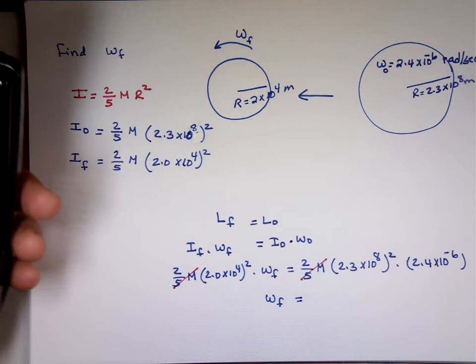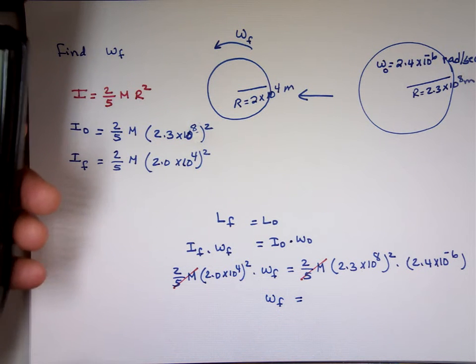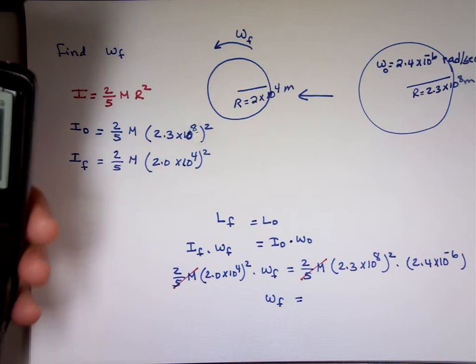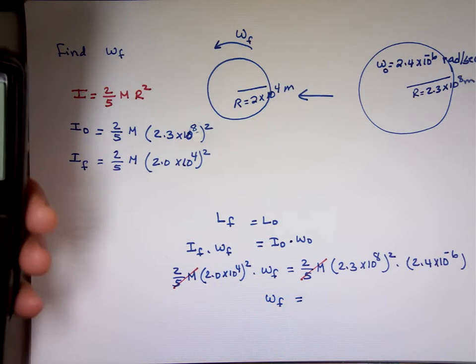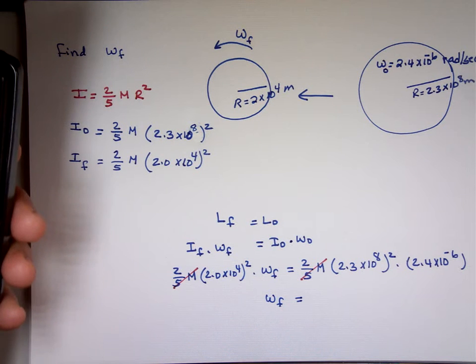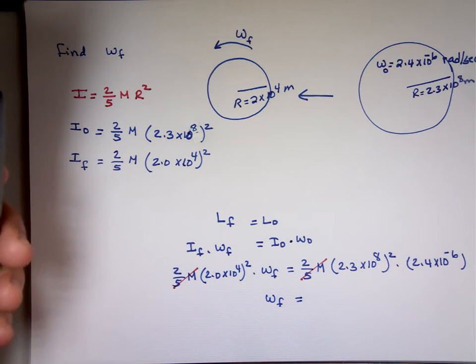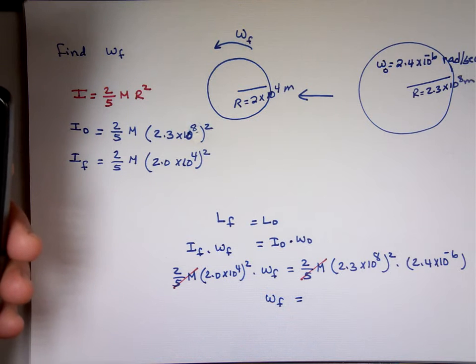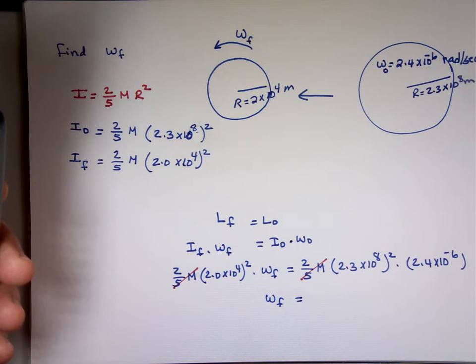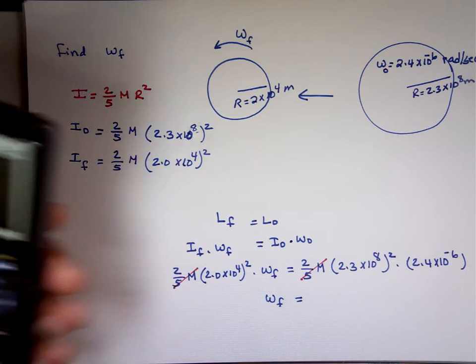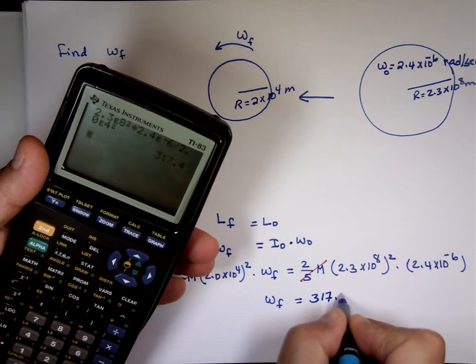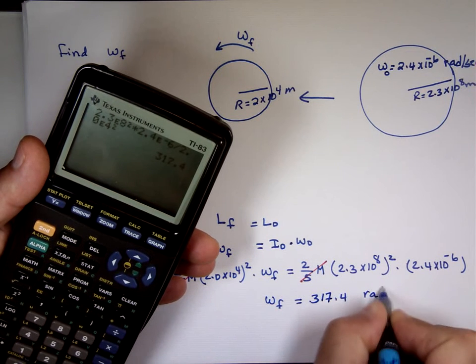So let's see what that number is. 2.3 e to the power of 8 squared times 2.4 e to the power of -6 divided by 2.0 e to the power of 4 squared. I came up with 317.4 rad per second, spinning really, really fast.